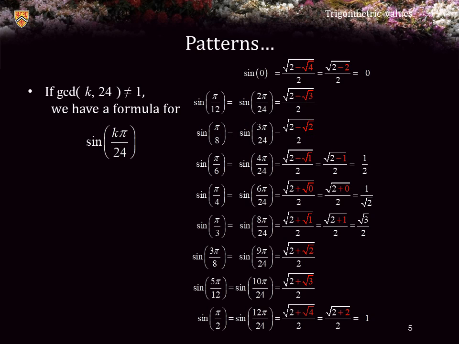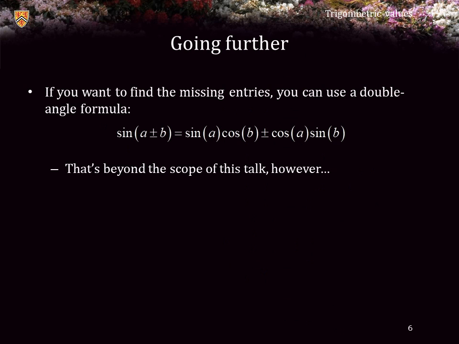And in each of the cases where one of these angles matches the angles on the previous page, the formula simplifies to the formula we saw on the previous page. If you want to get a few more angles, you can just use a double angle formula and use appropriate values that we've already calculated.